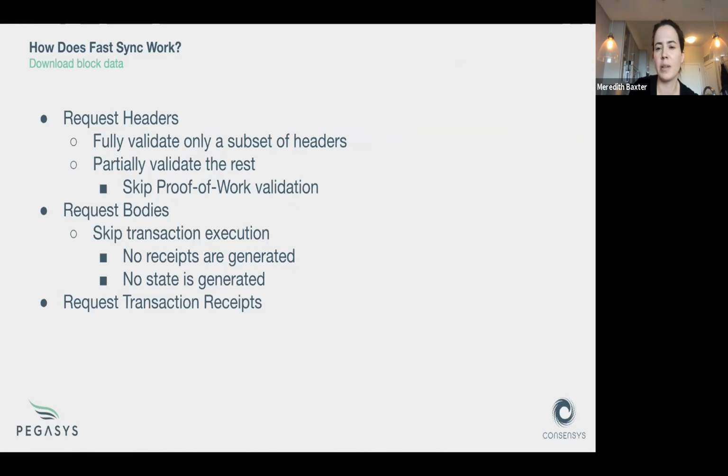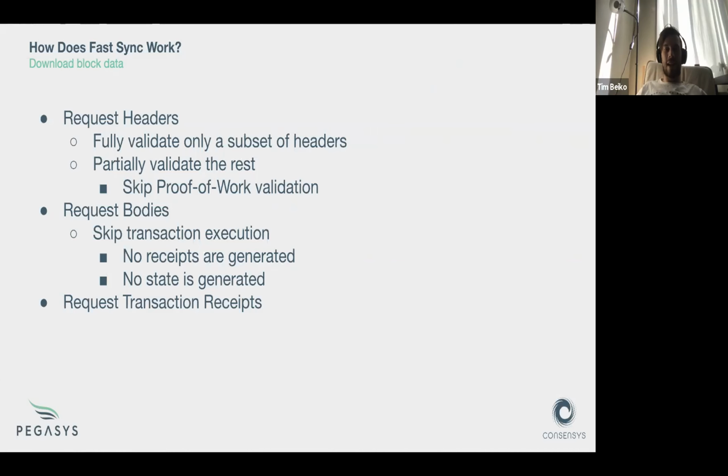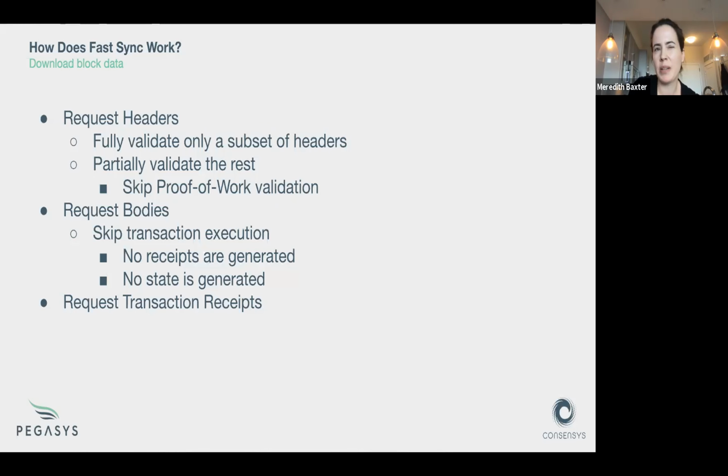I see there's a chat message, but I'm full screen, so I can't see. Nico's asking, how is the pivot block defined? There's basically a configuration parameter that says how far from chain head you want to select the pivot block, and that's how we choose that.